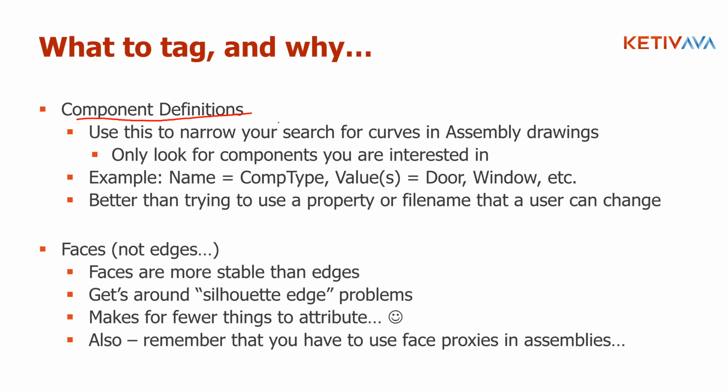And we will typically tag the component definition when we are creating drawings for large assemblies that have lots of parts in them, but we only care about specific parts. And we use that so that we find, hey, we only want to care about doors, let's say.